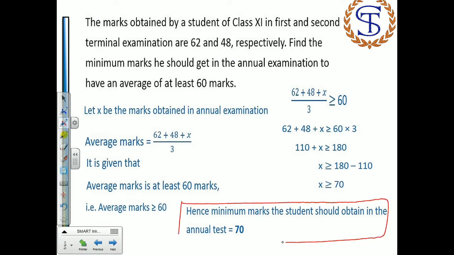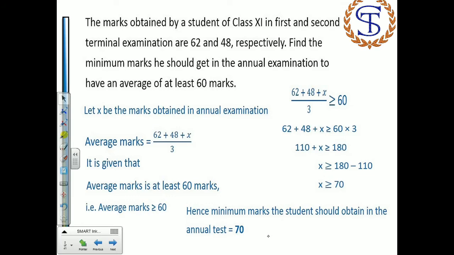This is the final answer. Hence, the minimum marks the student should obtain in the annual test is greater than or equal to 70, that is, 70 or more.